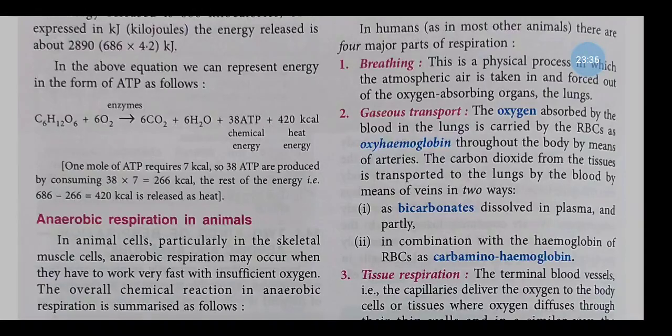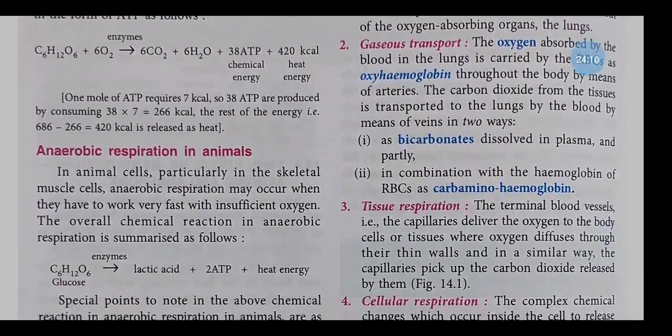The carbon dioxide produced in all parts of the body is transported to the lungs in 2 ways, either as bicarbonates or as carbohemoglobin. These bicarbonates dissolve in plasma, and carbohemoglobin is formed when the carbon dioxide combines with RBC.